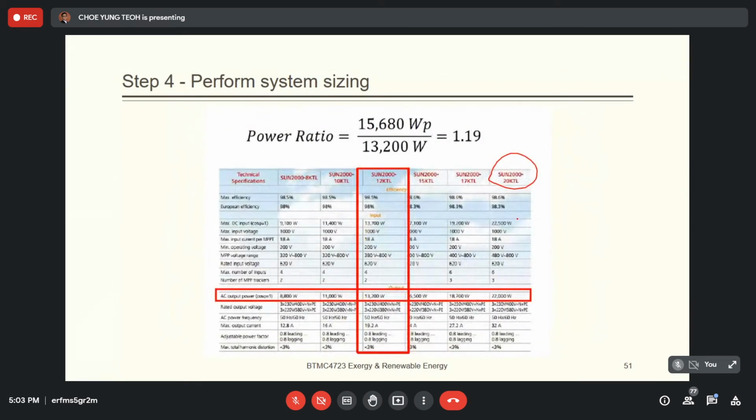So for this one, the maximum DC input is 22,500 times 6, and then the AC output power is actually 22,000 times 6. Okay, we check the power ratio.